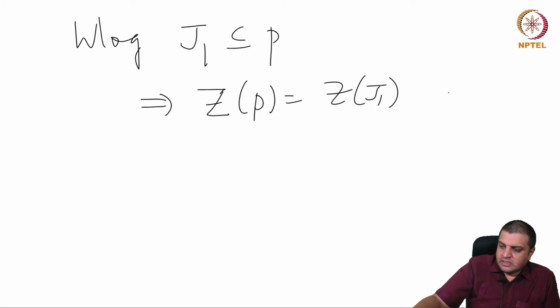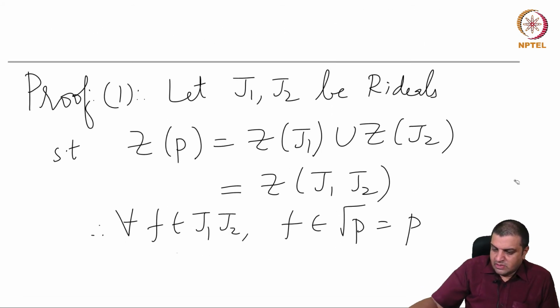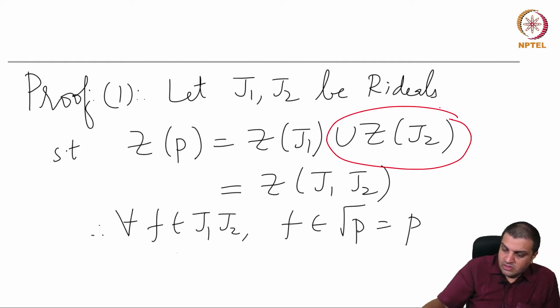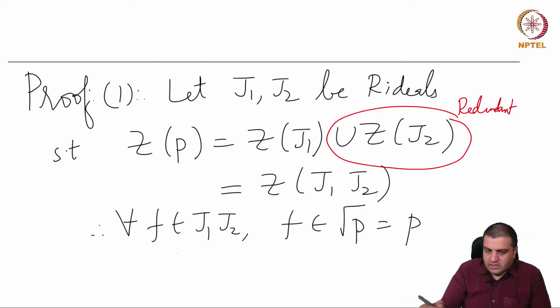And therefore the other one is redundant, so you can remove it and then it is irreducible.